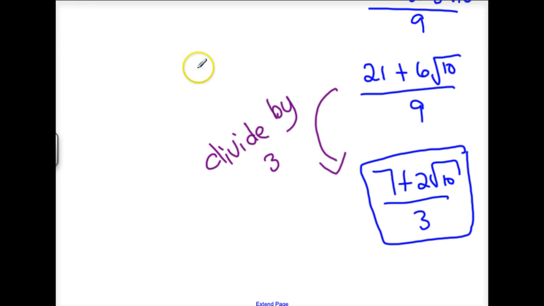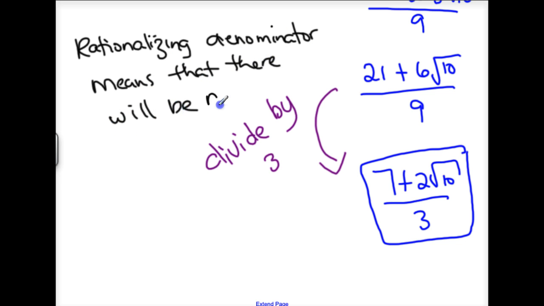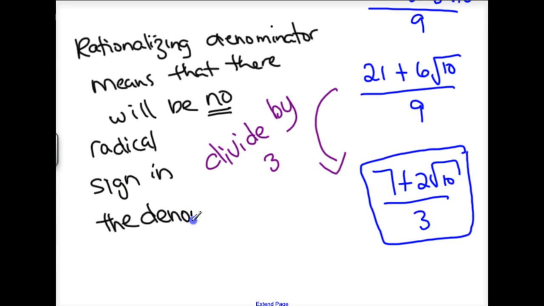Remember, when it's rationalizing a fraction or a denominator, it means, and you know what, let's make a note of that. Rationalizing the denominator means that there will be no radical sign in the denominator.